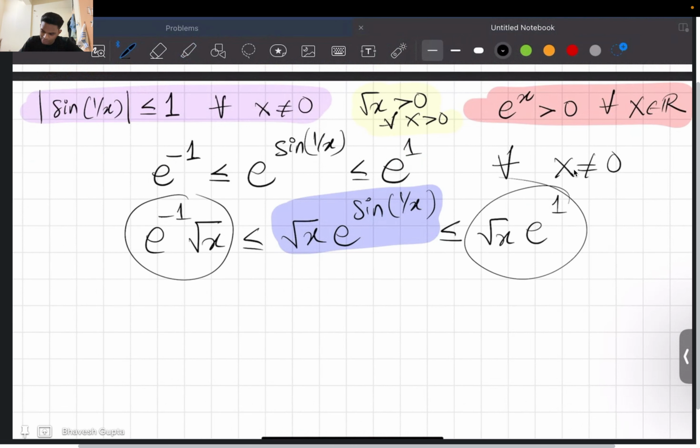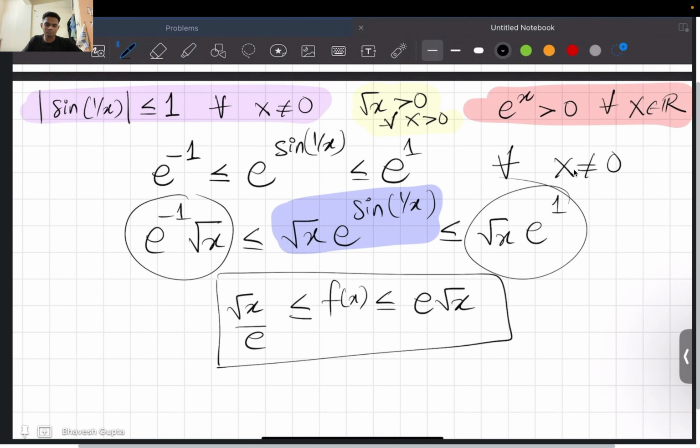And it turns out that my function is bounded between e times root x and root x over e.